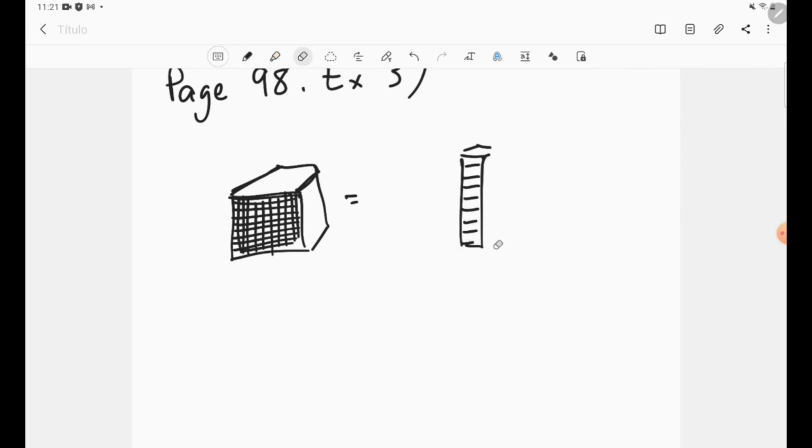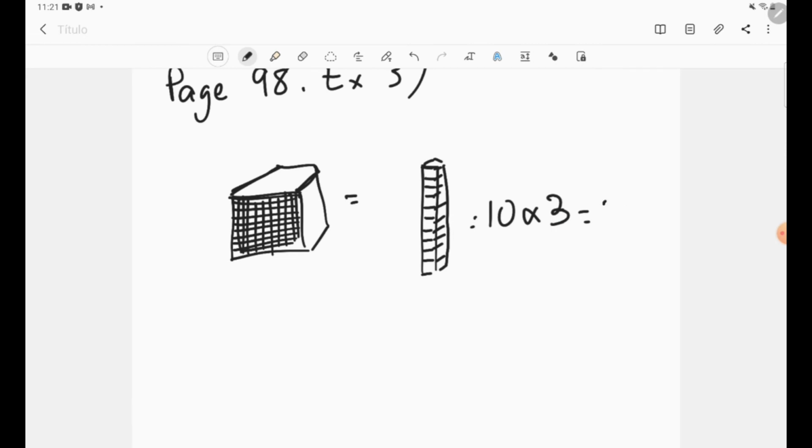I'm so bad with this. Let's do it again. 1, 2, 3, 4, 5, 6, 7, 8, 9, 10. Okay. So each column equals 10. There are 2 columns, 3 columns like this, no?